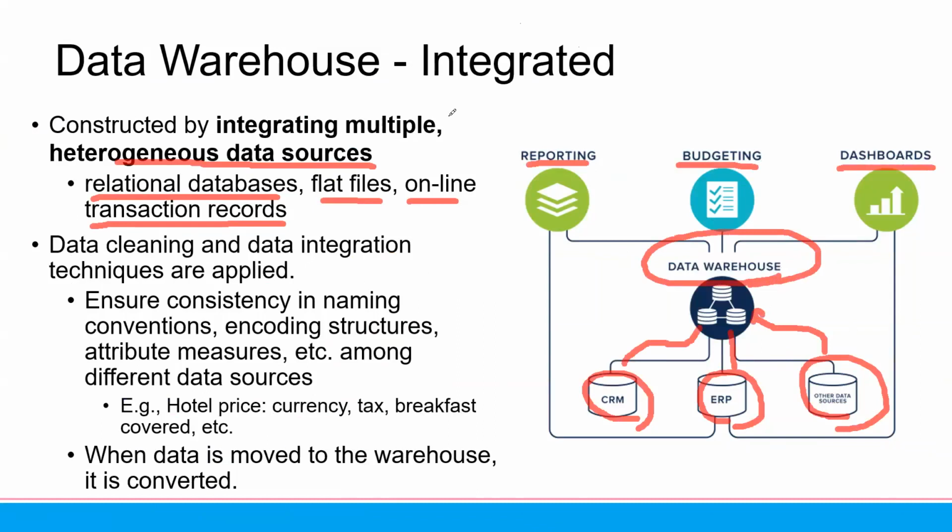And when you want to integrate, it means you will apply some data pre-processing, like data cleaning or data integration. It is to ensure the consistency in naming conventions. So you learned from the previous sections, when you have a name like Bill Clinton, it can be Bill Clinton, or Bill W. Clinton, or William Clinton, but they are the same name.